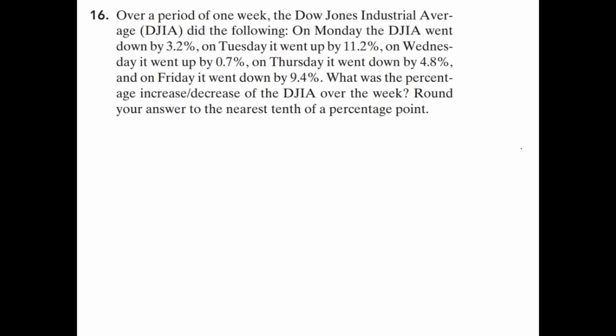So again, they're really asking for the percent. I'm just going to use variables. The original value we'll call P. Then we went through a decrease of 3.2%, down by 3.2%.